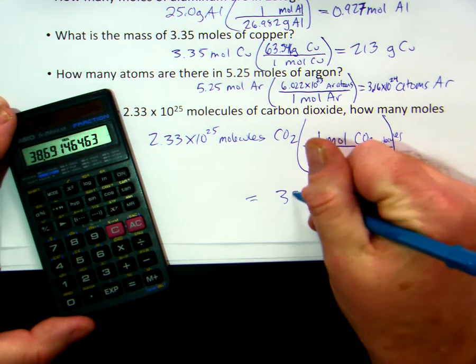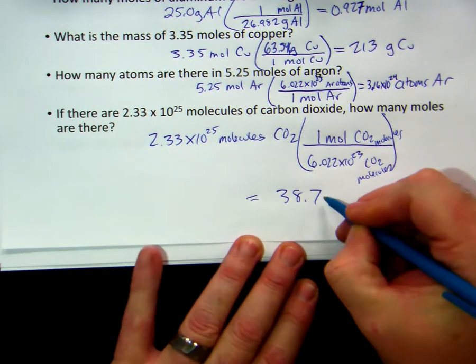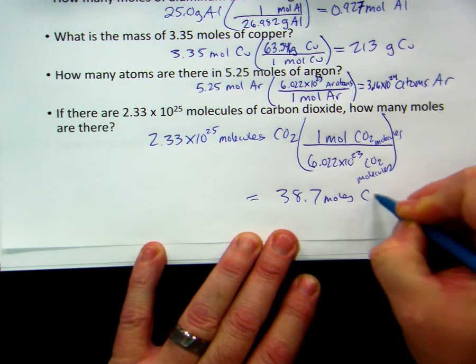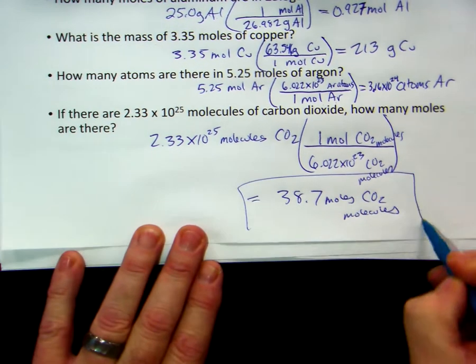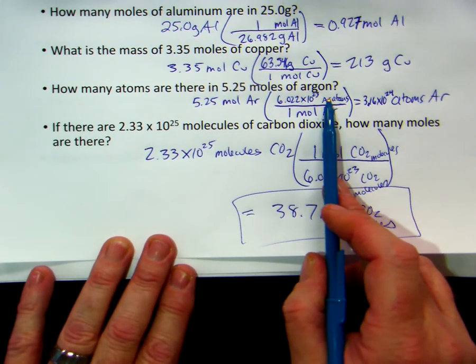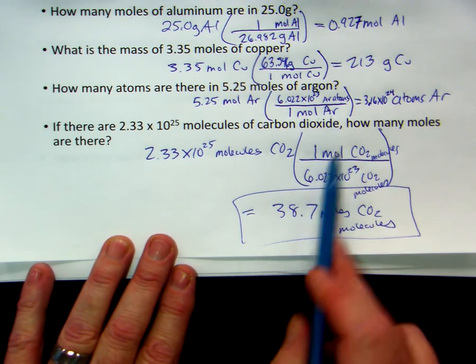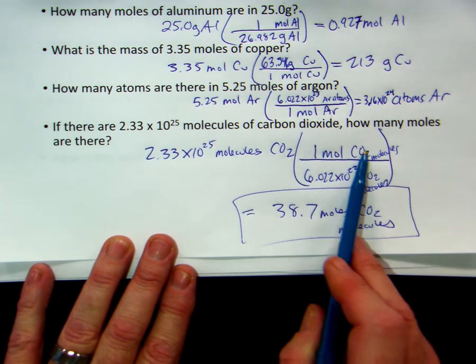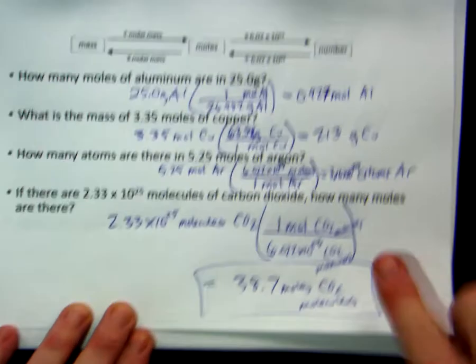And I get 38.7, and then this would be moles of CO2 molecules. So again, up here we talked about single atoms. Down here we talked about molecules of CO2, but again, we're just talking about the total number of particles, whether or not they're single atoms or groups of atoms as a molecule. All right.